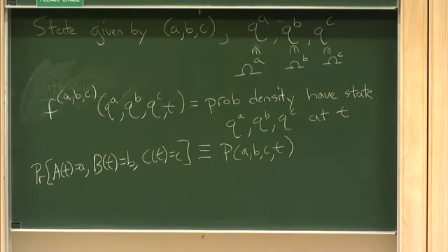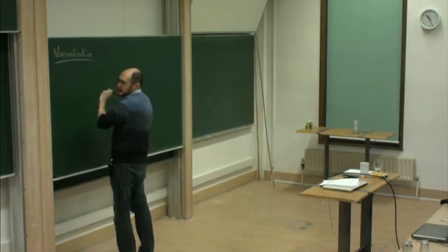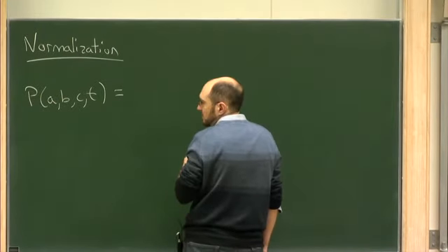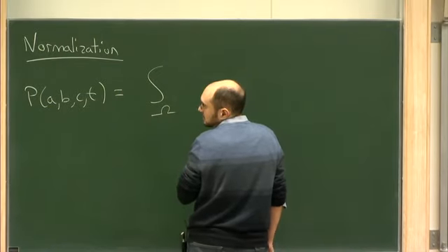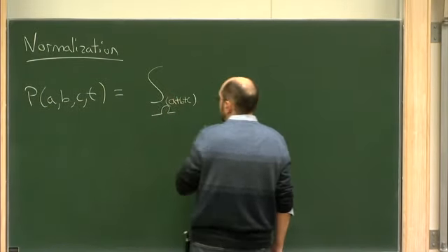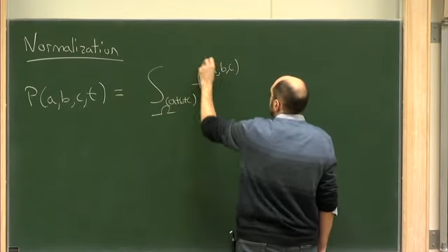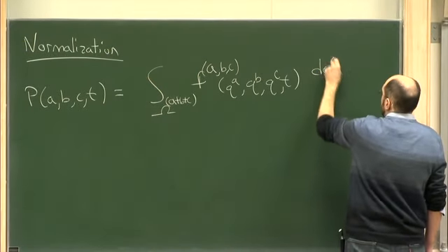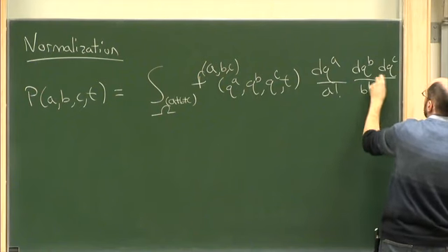So P of A, B, C, T is going to be given by the integral over omega to the A plus B plus C, one copy of omega for each molecule, of F_ABC of QA, QB, QC, T, dQA over A factorial, dQB over B factorial, dQC over C factorial.